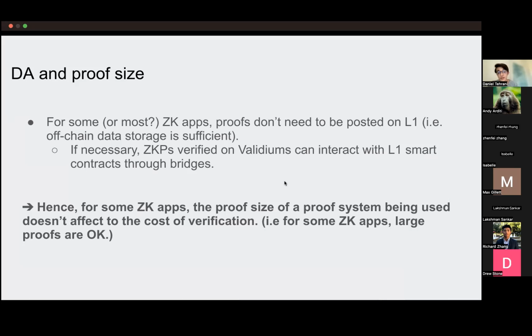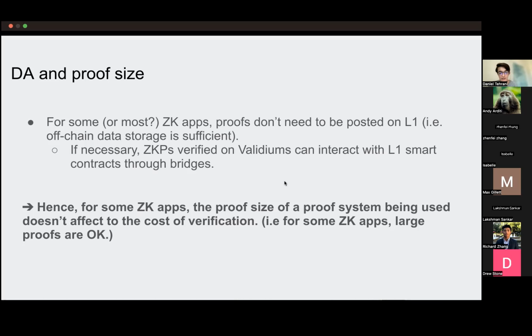And if necessary, if a proof is verified on a Validium, it still can interact with L1 smart contracts through L1-L2 bridges, or if it lives on L3, it still can talk to L1 through bridges. So for zero knowledge applications that don't involve asset transfers, off-chain data storage, verifying proofs on Validiums, should be sufficient.